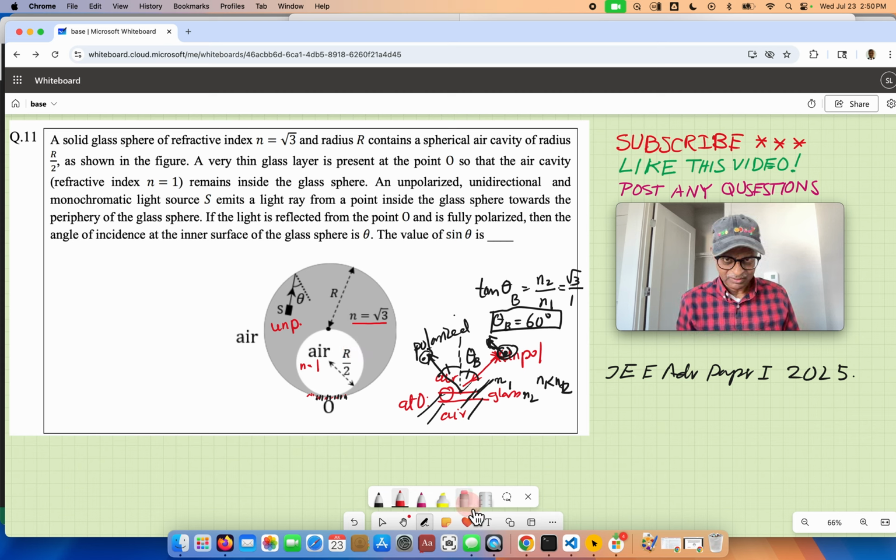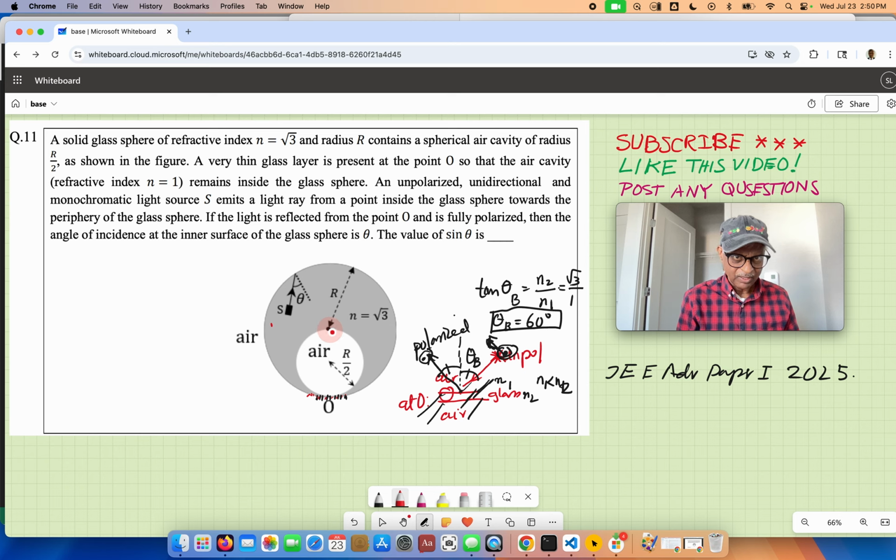Let me remove some clutter from here. Only the ones that I wrote I can remove. Okay, let's see.